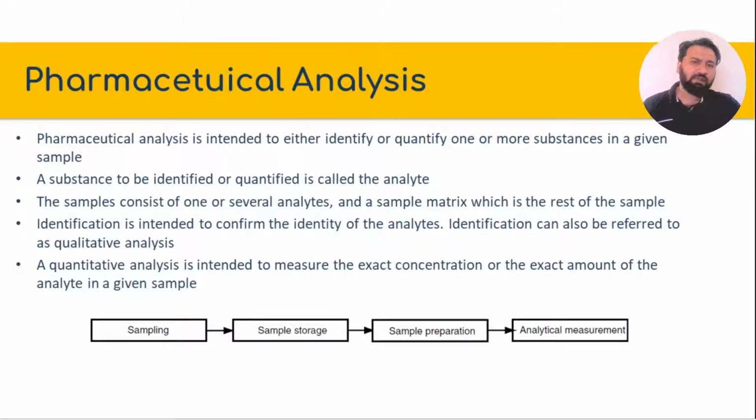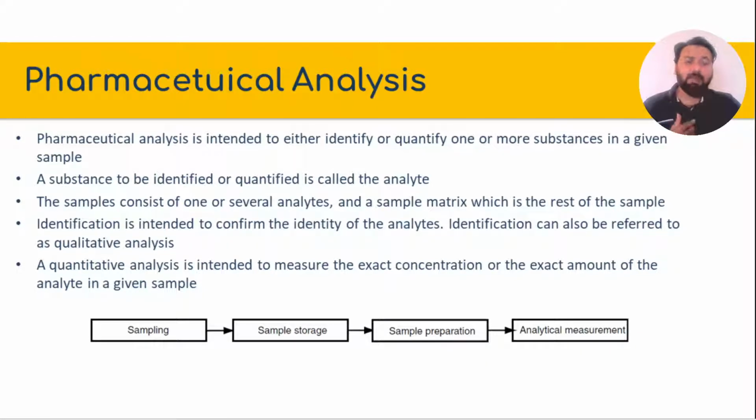Now, first, why do we need sample preparation? We need sample preparation so that the sample can be analyzed in the subsequent steps. The sample is compatible with the final analytical method or instrument. The analyte is present in a sufficient amount to be detected.